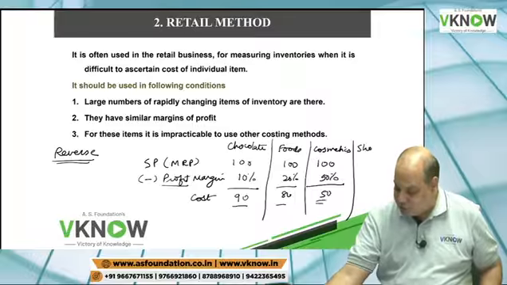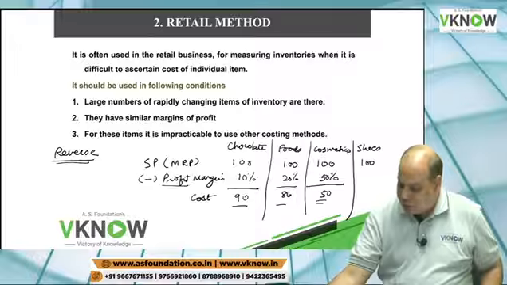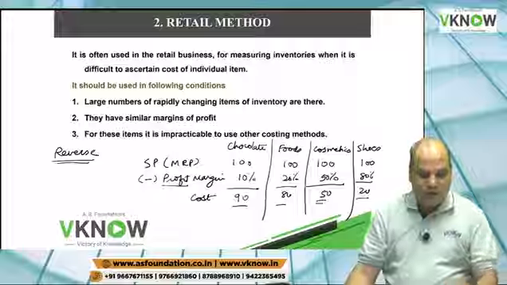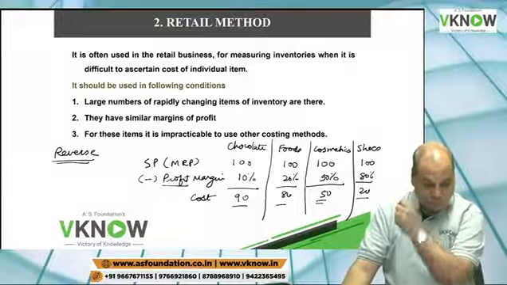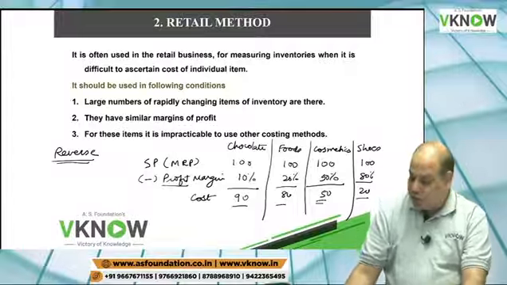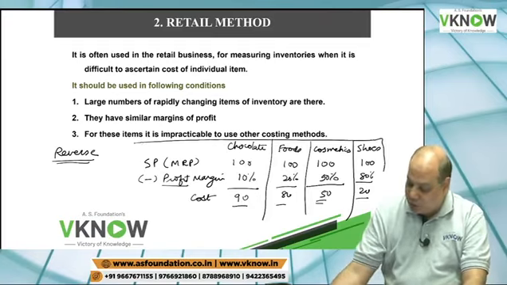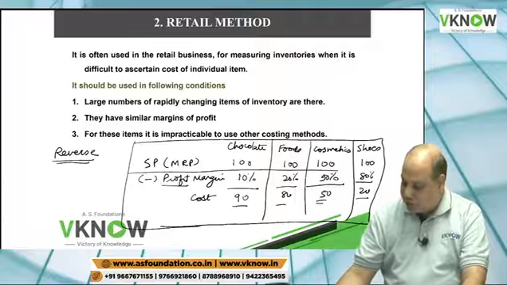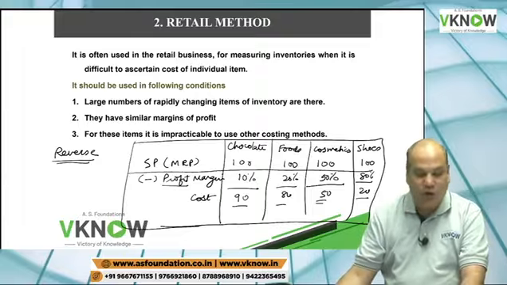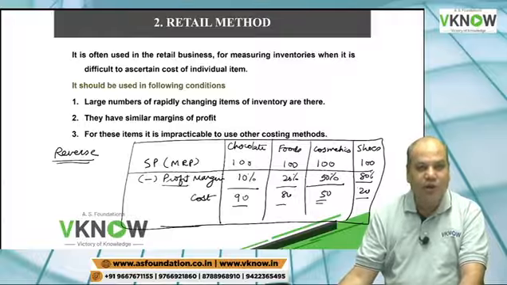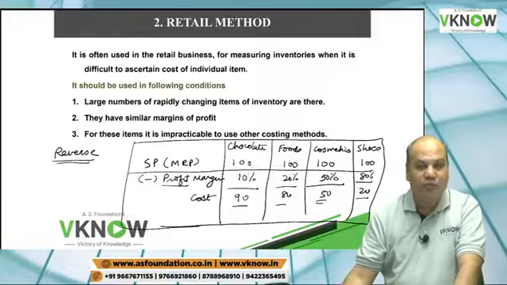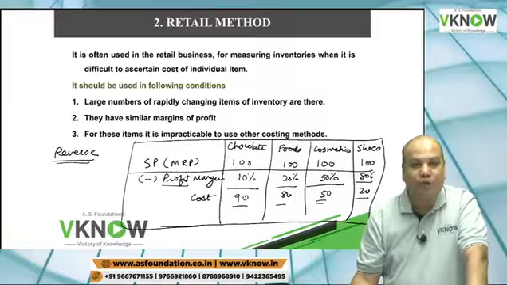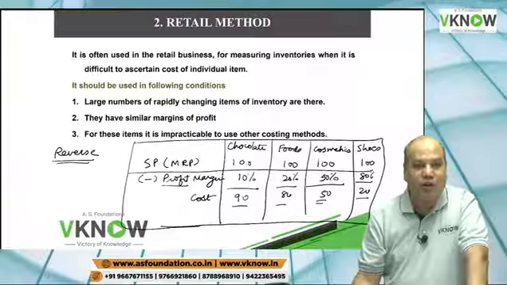Then shoes and chappal margin is even more, 80%, so cost is 20. Is it right? So this way a departmental or grocery store can do reverse working. They will divide their products according to the margin, deduct the margin percentage, and then you will get the cost, right? So this is allowed only for retailers if they can't calculate the cost.